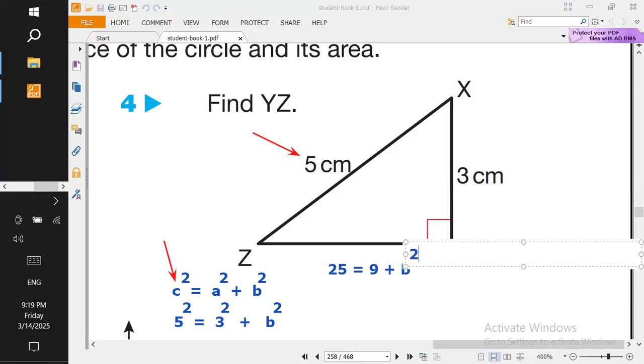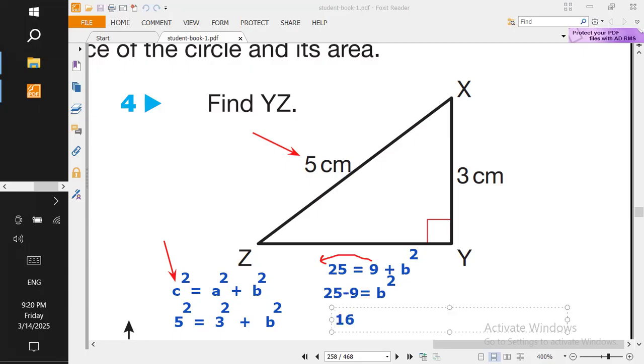Now we need to make b the subject. I'm going to take the 9 to the other side, and because it's added, I'm going to take it by subtraction. So 25 minus 9 equals b squared. 25 minus 9 equals what? Very good, it equals 16. So 16 equals b squared.